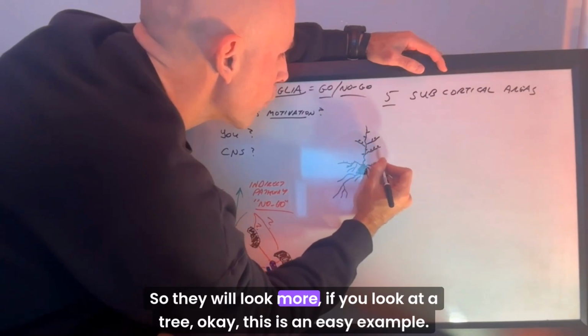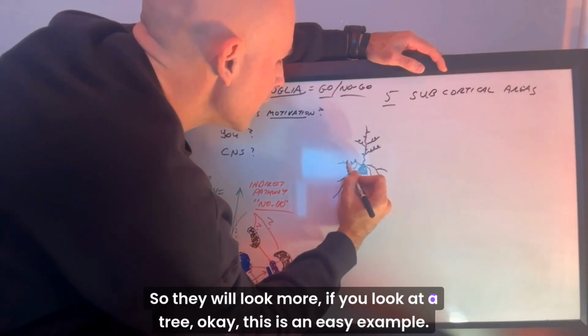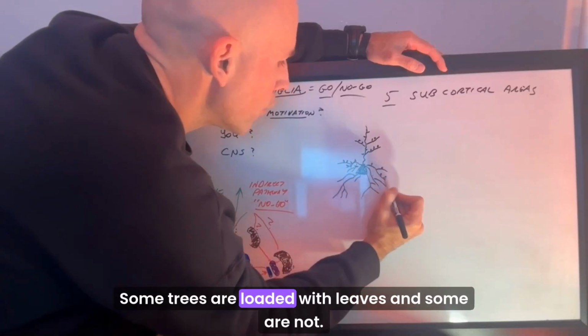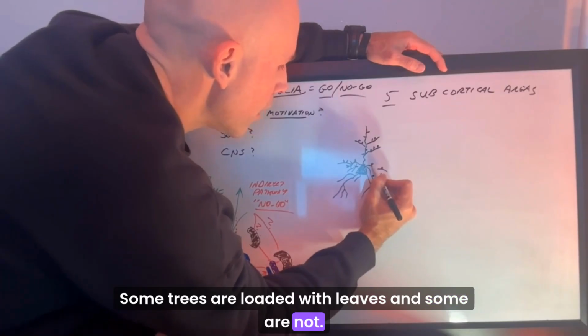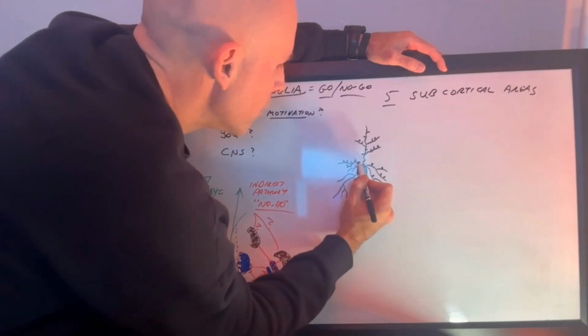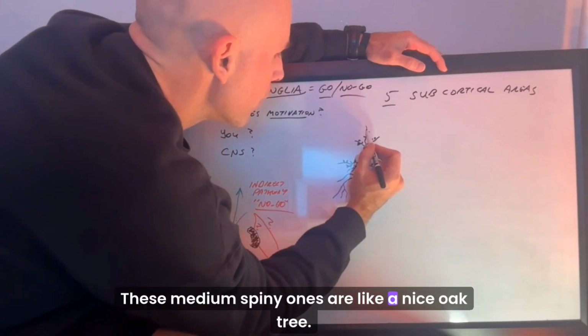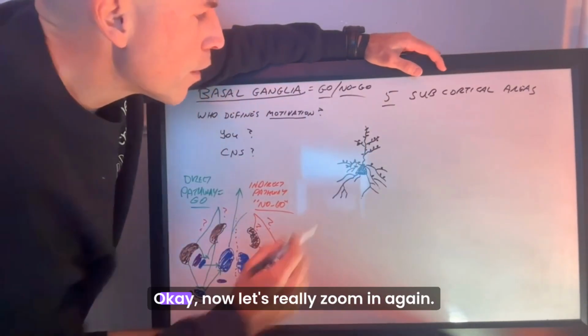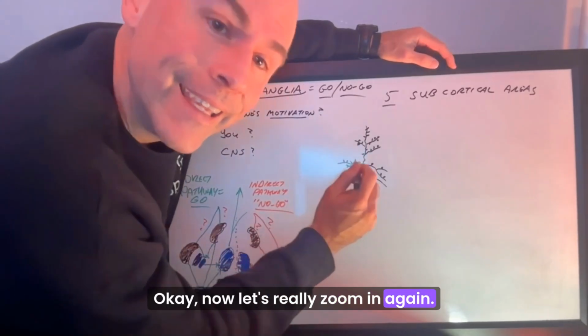So they will look more, if you look at a tree, okay, this is an easy example, some trees are loaded with leaves and some are not. These medium spiny ones are like a nice oak tree in the summer. Now let's zoom in again.